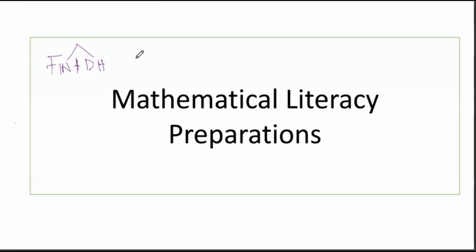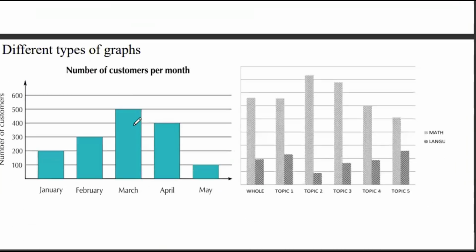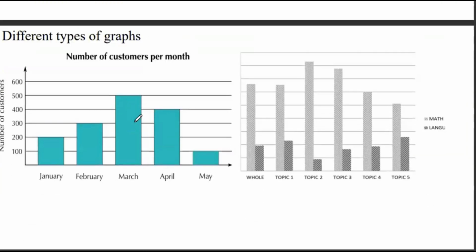Anyway, let's start with different types of graphs. This is data handling. Graph number one that we see on our left-hand side is a bar graph. If they ask for the name, we shall call it graph number one, and some people call it a vertical bar graph.